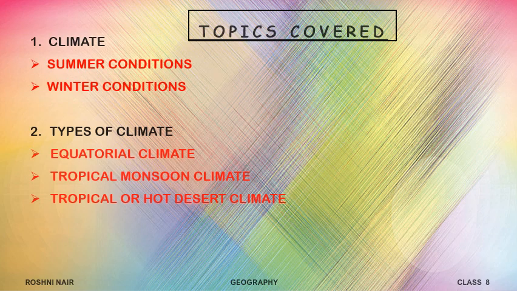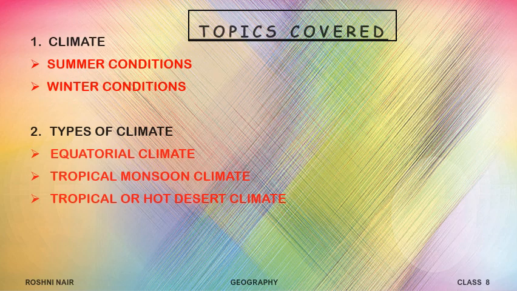Now remember that under equatorial climate, there is a continued heading, natural vegetation and wildlife, which is related to equatorial climate, and the next heading, tropical monsoon climate. Also you have the subheading natural vegetation and wildlife of the tropical monsoon climate region.